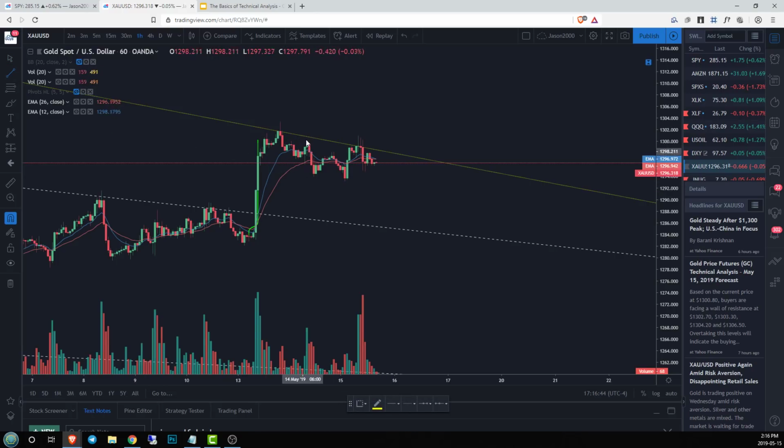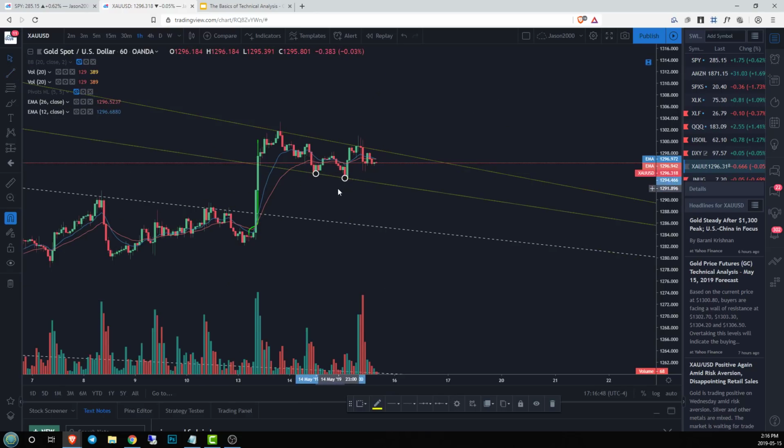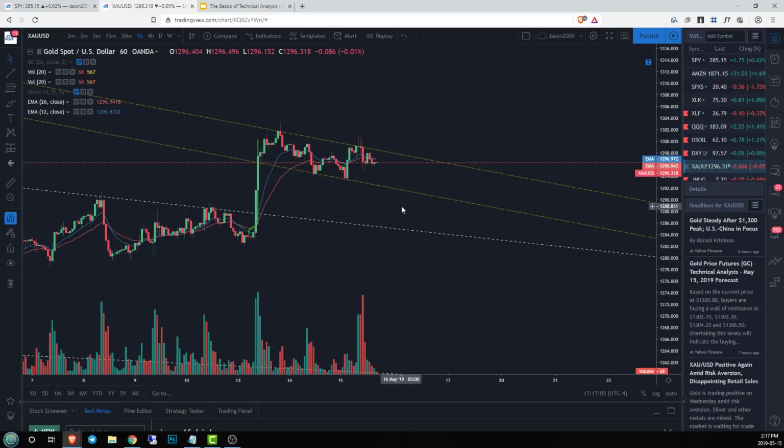And then what I'm going to do, because I don't have a nice bottom shaped up yet, you can either just draw a trend line connecting these 2 dots, or what I prefer to do most of the time is I copy the direction and slope of my confirmed line, or in this case just 2 touches, and I just drag that down to the lowest point, and then I use that to establish my channel. So this way you can see that we are in that hourly downtrend until we break out of the trend. This fits the narrative, that 4-hour move until we break the trend and move to the upside, in which case we're going to hit that 1303, 1310 test.